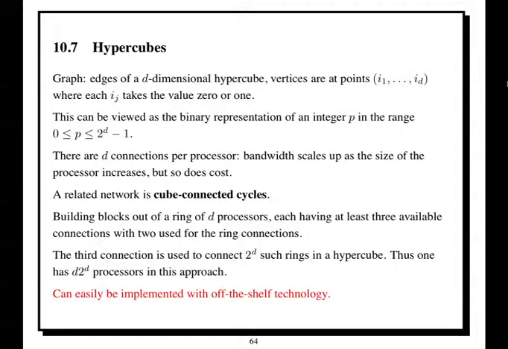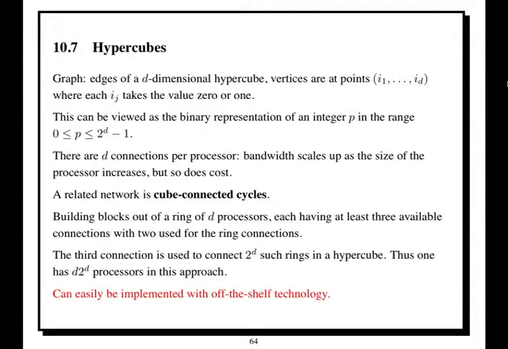There's a related graph called cube-connected cycles. One of the difficulties with the hypercube is that each individual node had to have enough connections to make all these d-dimensional connections, and so you were limited by how much you had built in when you designed the individual processor.